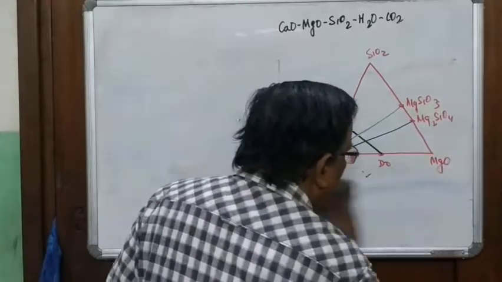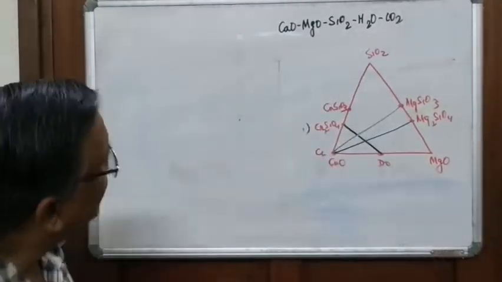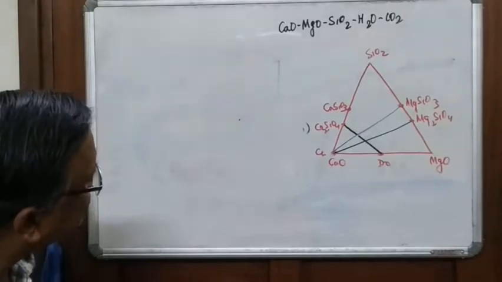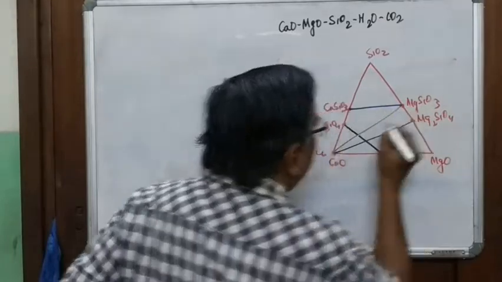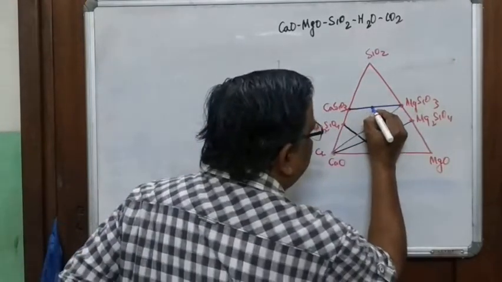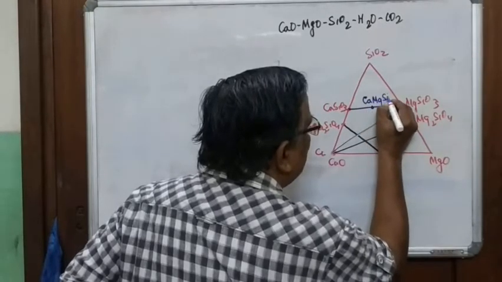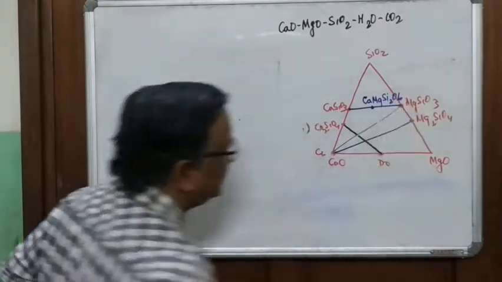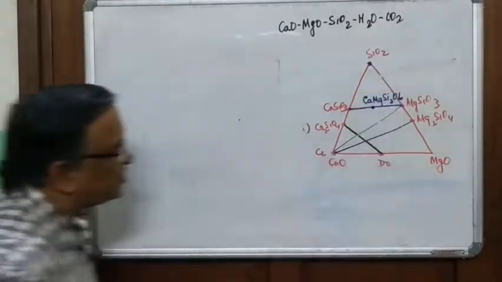So, say for example, remember this point here. This is CaSiO3, this is CaMgSiO3. So this point here will be CaMgSi2O6, right? And there will be a line, this is quartz.